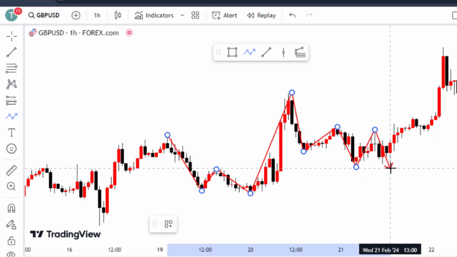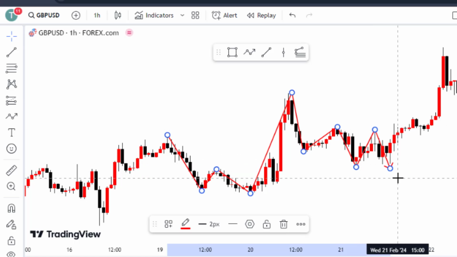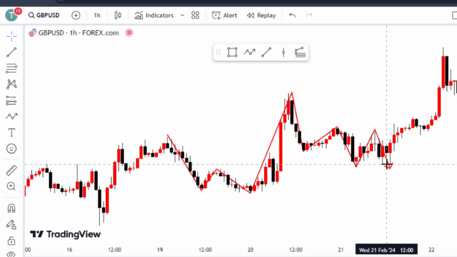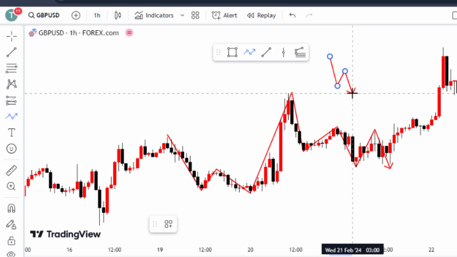Now this is the trick. How do we know our intermittent lows? To spot our intermittent lows in the market, we have to look for an example like this. It's going to be a reversal.